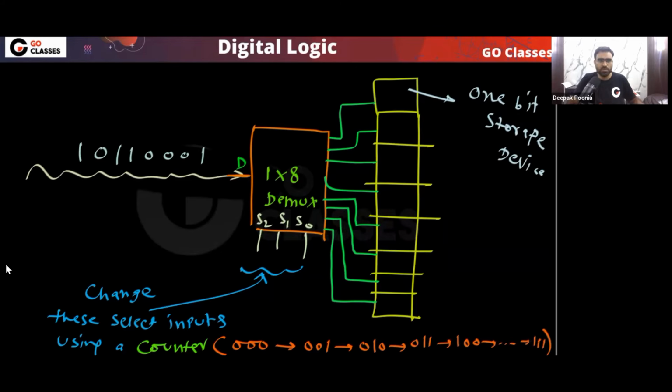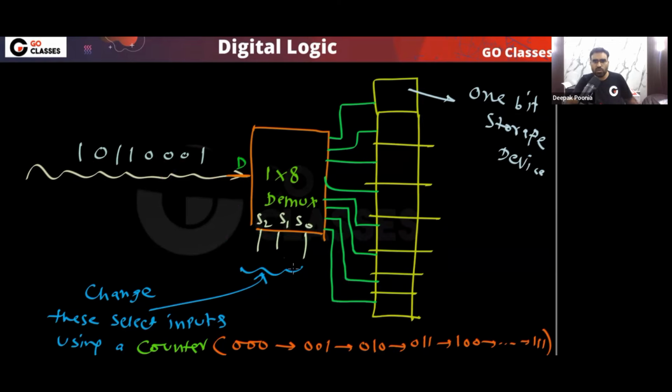Initially the select input is 000, so this bit will be stored here. Then the select input changes to 001, then this 0 will be stored here. Then it changes to 010, and this will be stored here.